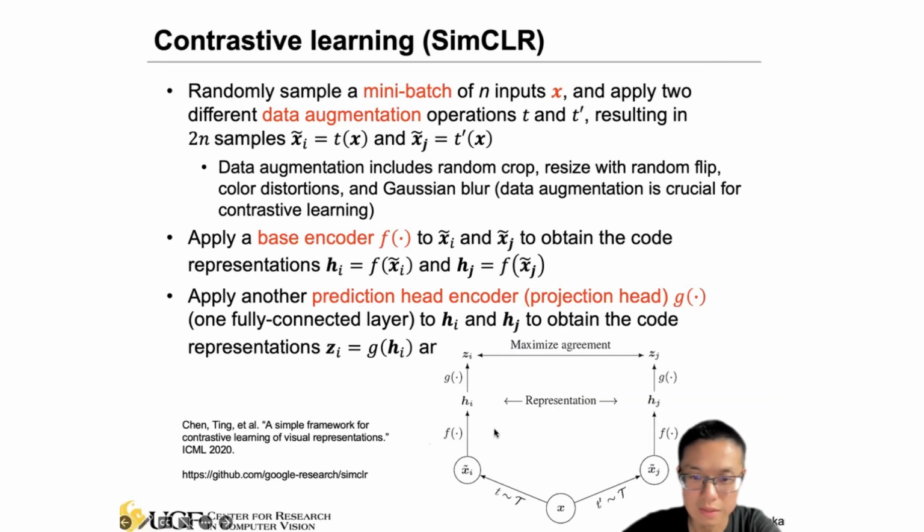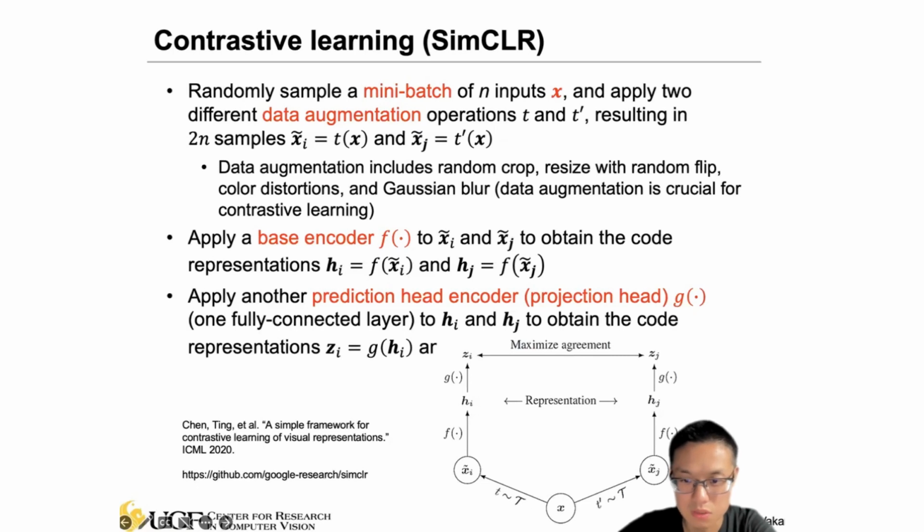Then you can apply a base encoder, the CNN network or maybe another network, to extract the features. So we have Hi and Hj here. And then you can apply a fully connected layer, like a projection head, to form a low dimensional feature embedding.